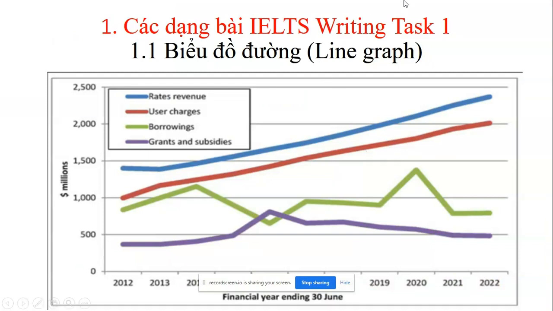The first one is writing Task 1. First and foremost, the most common type of writing Task 1 is the line graph. This is one of the prevalent types, so I highly recommend you revise it carefully before the exam.